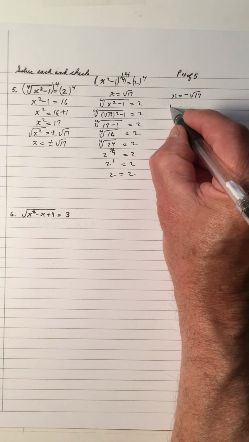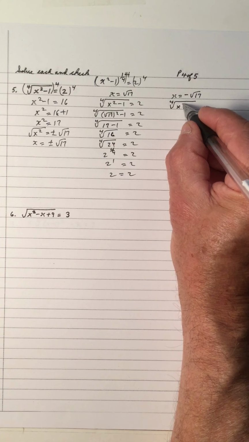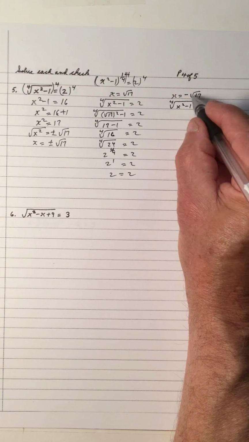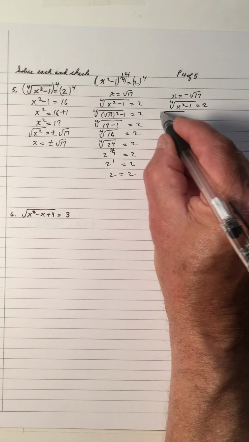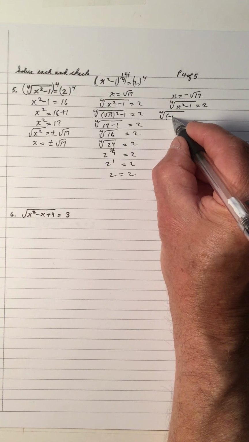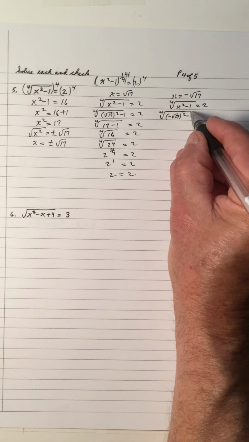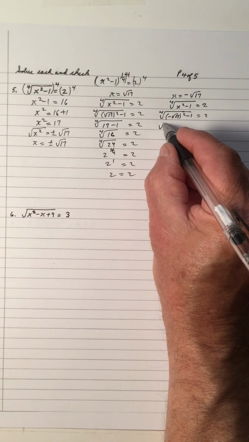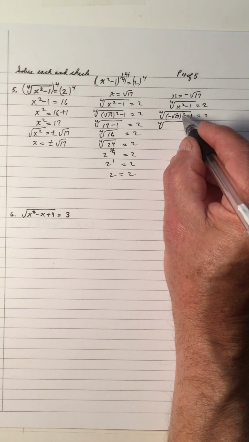And we do the same equation again. We're checking for negative root 17. So the 4th root of negative root 17 squared minus 1. 4th root. So negative square root of 17.